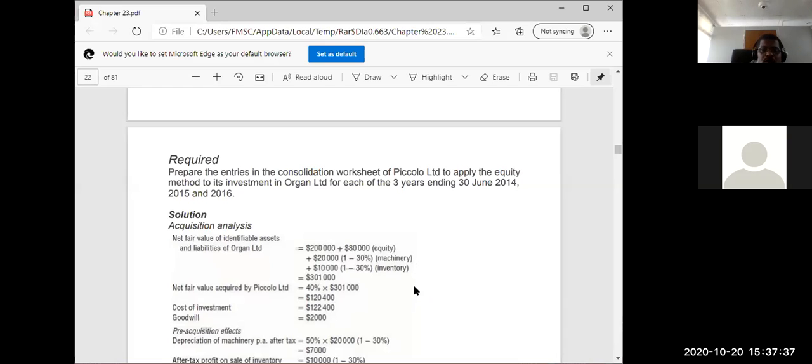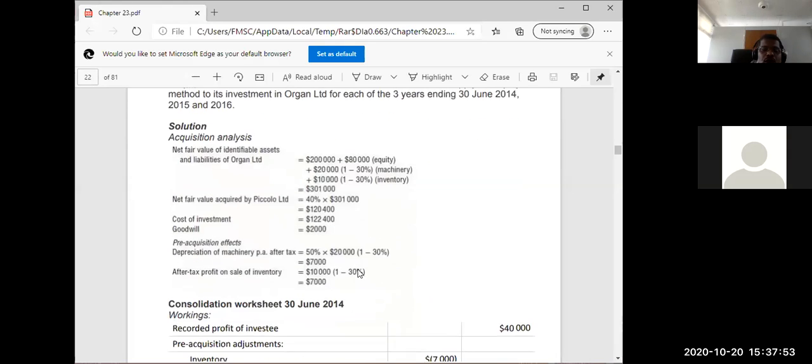And also, now when you bring these two adjustments into the books, how do you put them? You bring the assets into the books. So thereby, when you bring those two, you need to provide additional depreciation in the books of the investor when preparing the consolidated financial statement. You have to remember this 10,000 and this 5,000.